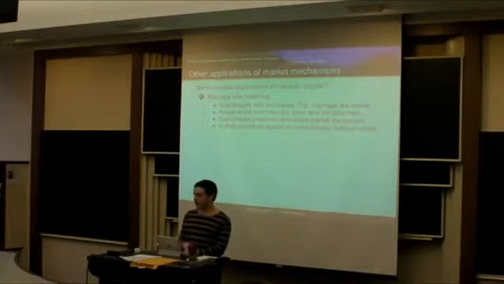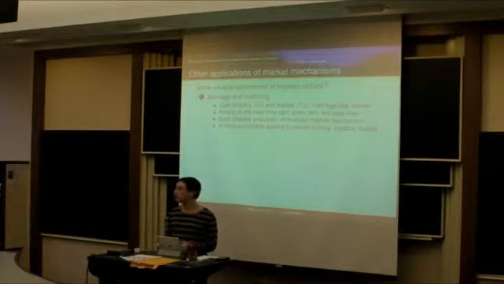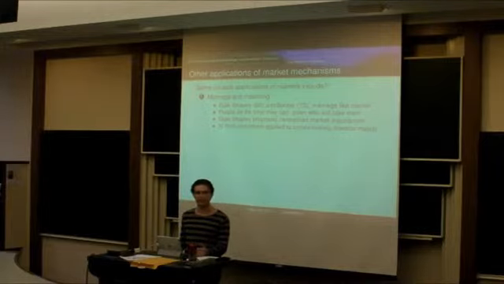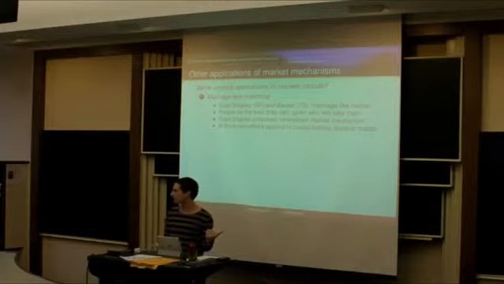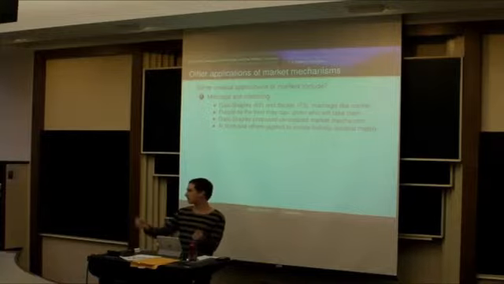And in fact, Al Roth and others have applied this approach to match people with kidneys or to match people with places to do their medical residency. So if you become a doctor, you'll get assigned to your medical residency by a centralized market system that was come up with by an economist based on this idea that marriage, or setting you up with a residency, can be thought of as a market.